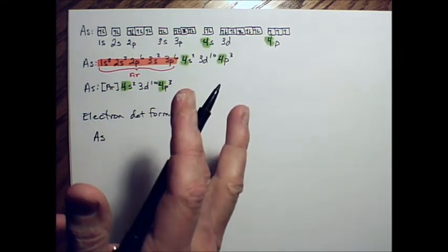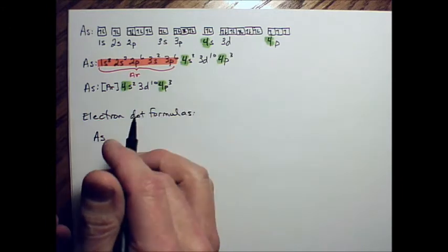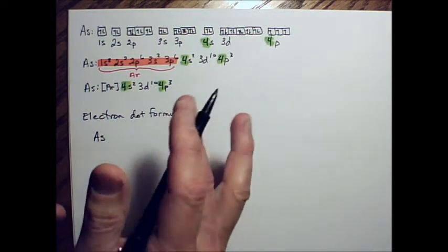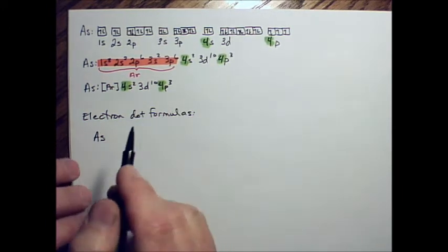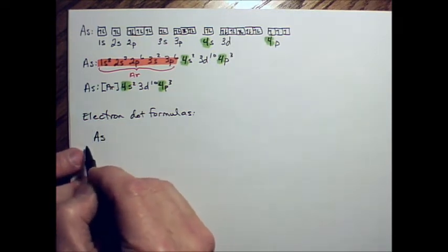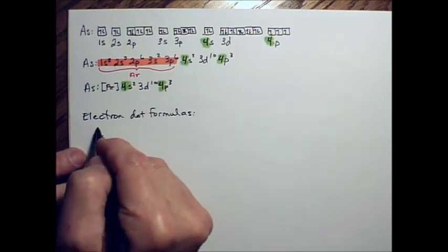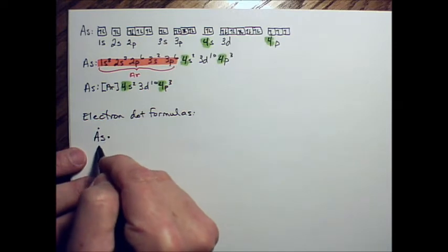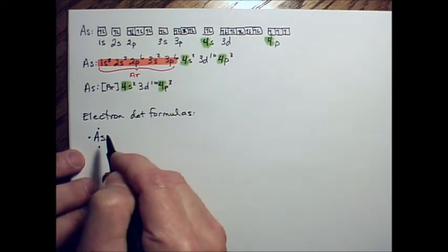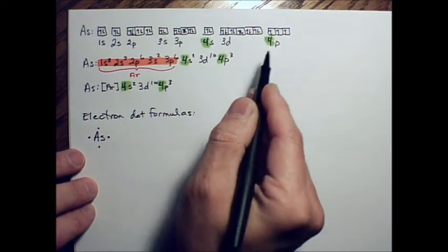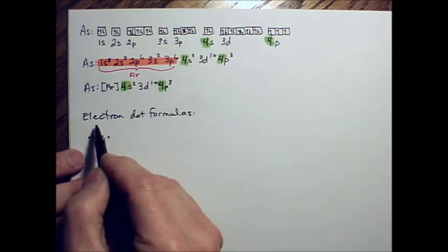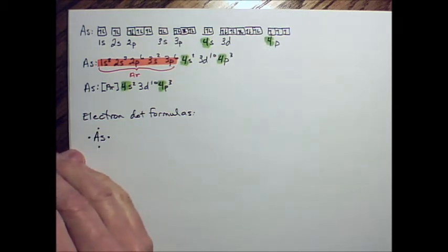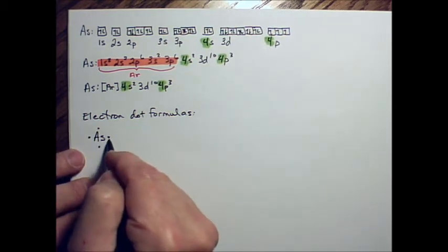Once I have a dot on each of the 4 sides, if I need more, I start pairing them up. Does everybody understand what I'm saying? All right. So imagine a square around arsenic, and I need 1, 2, 3, 4. I just ran out. So now I need a 5th electron, and it doesn't matter on which of the sides I put that other dot. Right here?